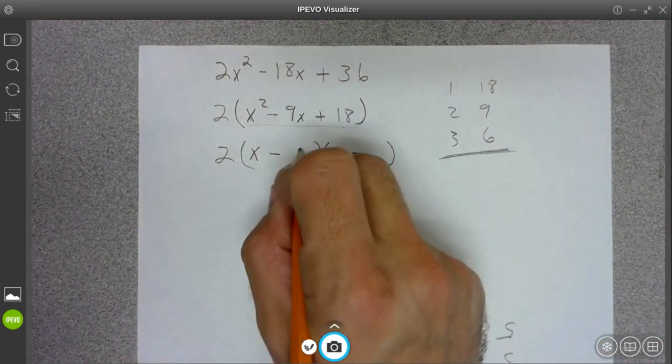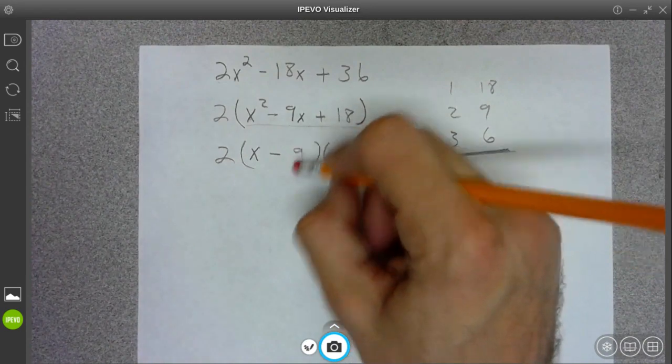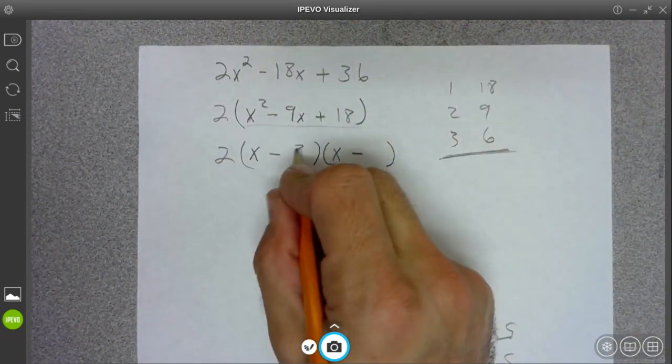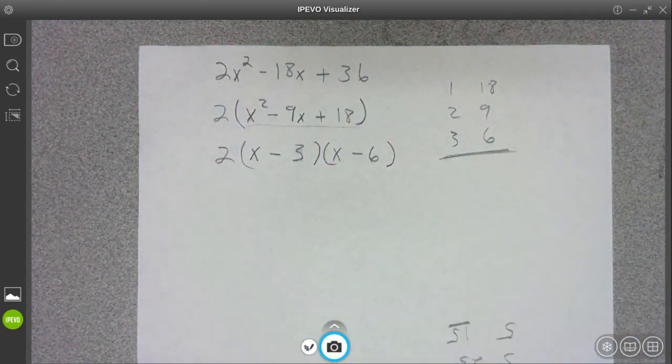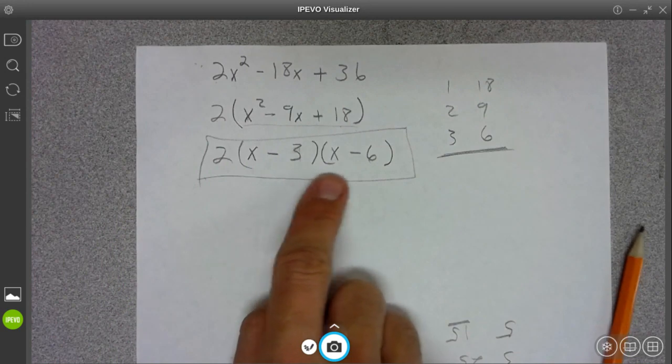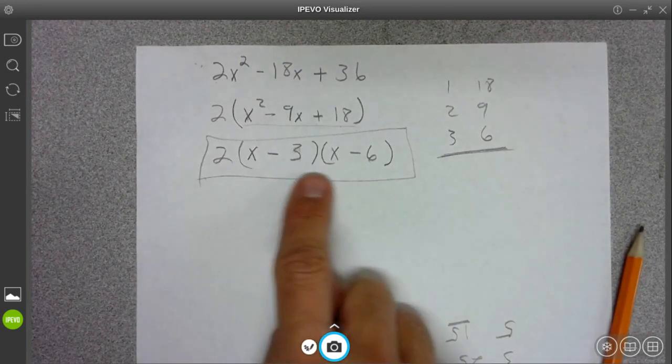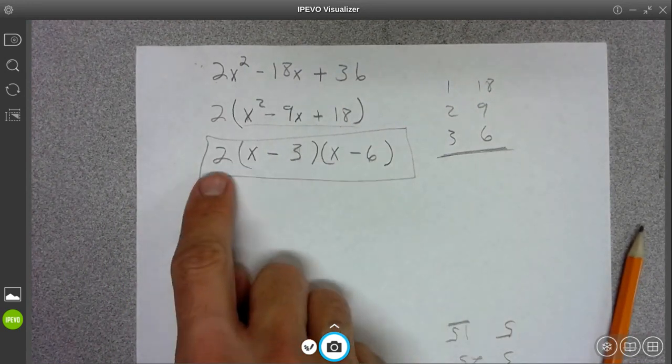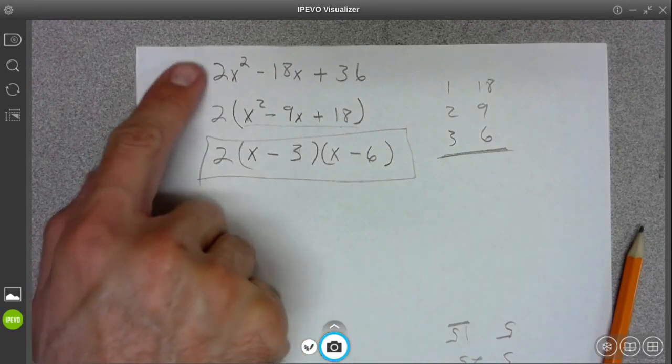They add up to 9. 3 and 6. And that's it. This is the factored form. If you were to multiply this entire thing out, multiply those two, and then multiply it all by 2, it would give you this original.